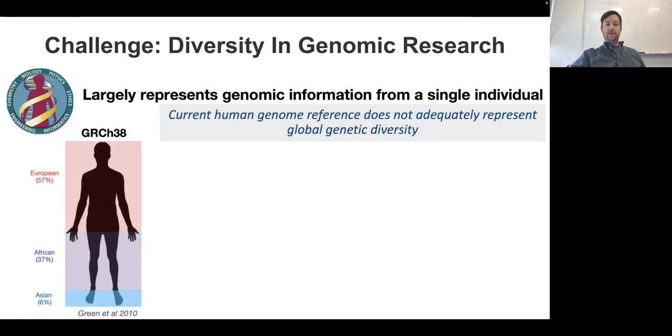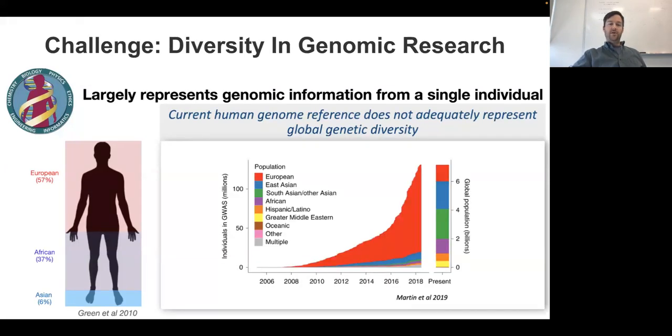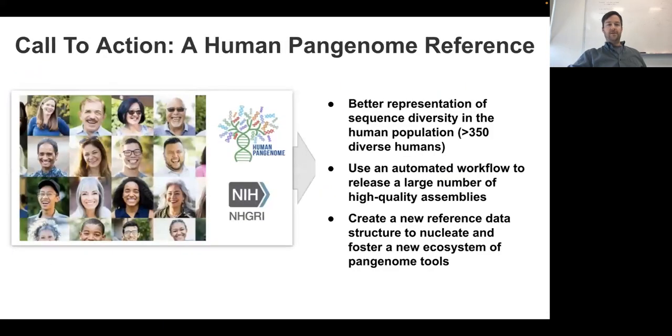We have GRCh38, which was a foundational achievement, but we all know that it's a mosaic assembly, a mosaic reference where the reference is coming from a number of different individuals, and a lot of it is coming from one individual in particular. So what we're hoping to do is increase the diversity represented in the reference itself. That's the call to action for the HPRC. We want to make sure that we have better representation.